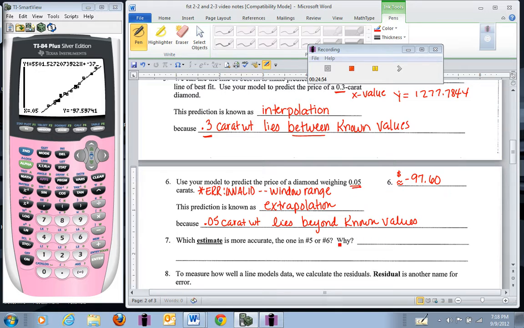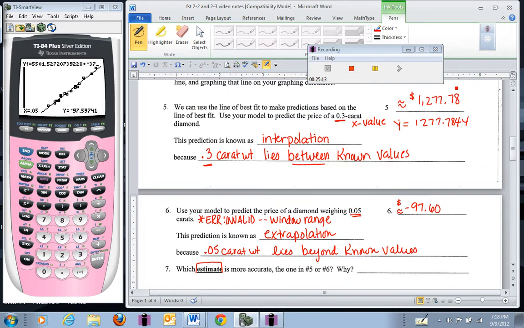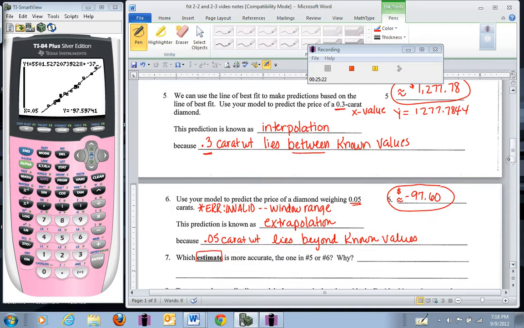Well, remember, they're asking you about the estimate. They're not asking you if 3/10 is more accurate than 5/100. You can weigh the diamond in the ring. We know that that would be accurate. They're asking you about the estimate form. So they're asking you, is the estimate of $1,277.78 or the estimate of negative $97.60 more accurate?